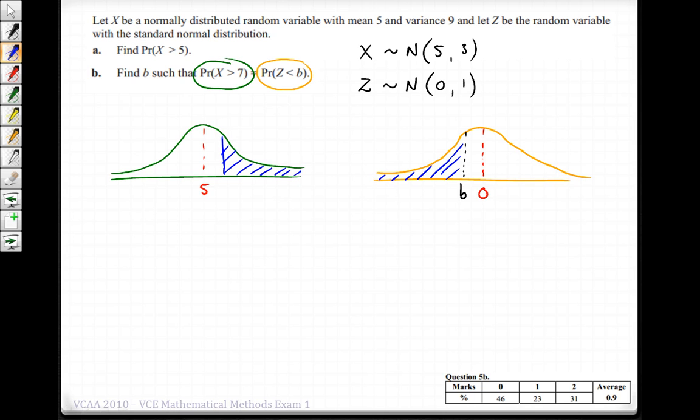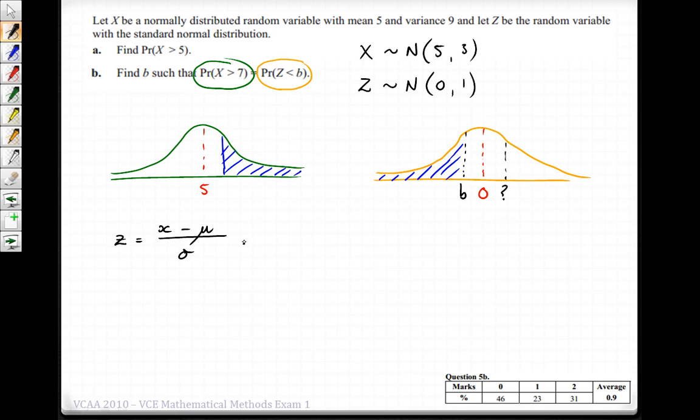So to go about this, we're going to need to use our standardizing method. We want to say, what's the point on this graph in the positive direction that gives the same probability? The way we do that is we say that Z is equal to X minus mu over the standard deviation.